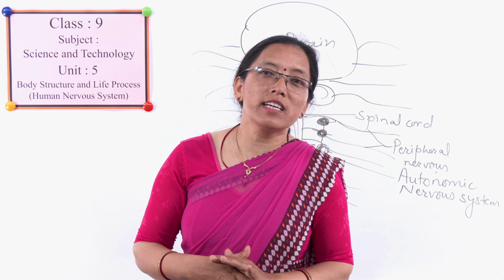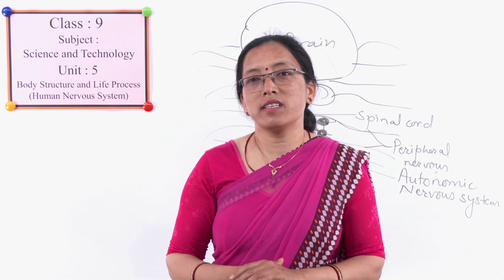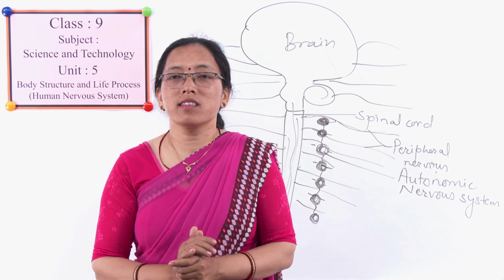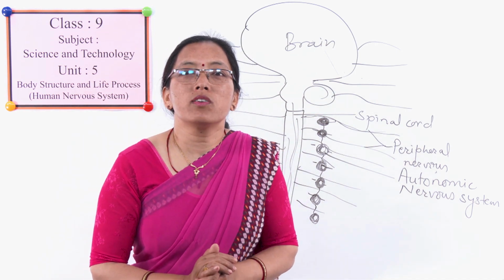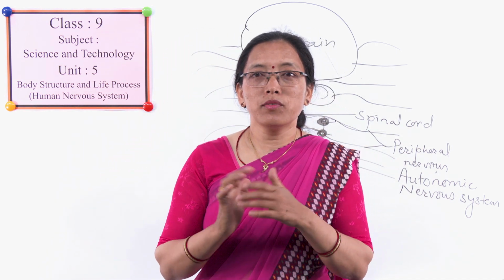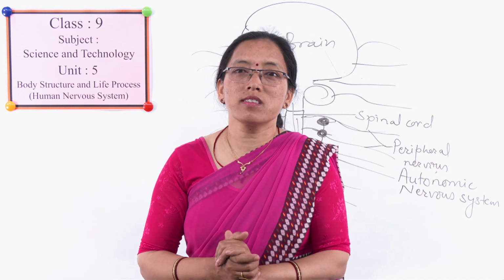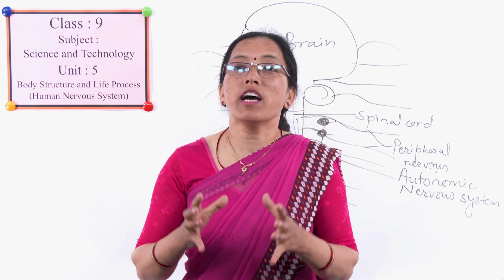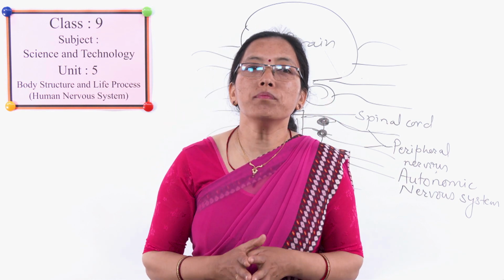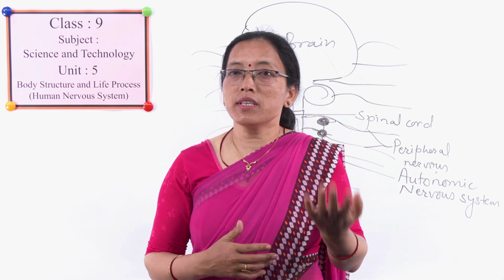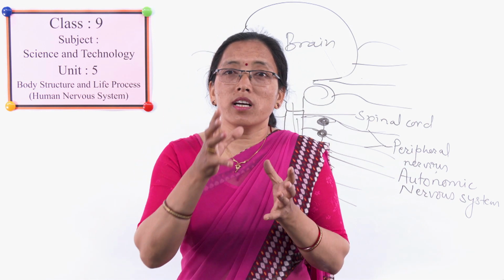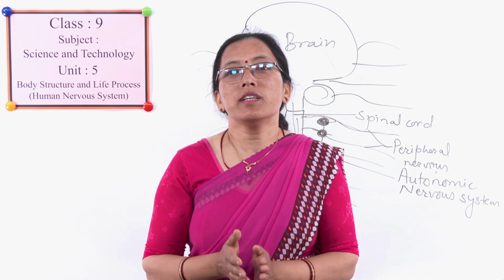How many pairs of cranial nerves? 12 pairs. And spinal nerves? 31 pairs. Then we learned about the autonomic nervous system. What are its two types? Sympathetic and parasympathetic. In this way we have completed the human nervous system. Even in the previous class we learned about the brain. So with this, we complete the whole human nervous system.